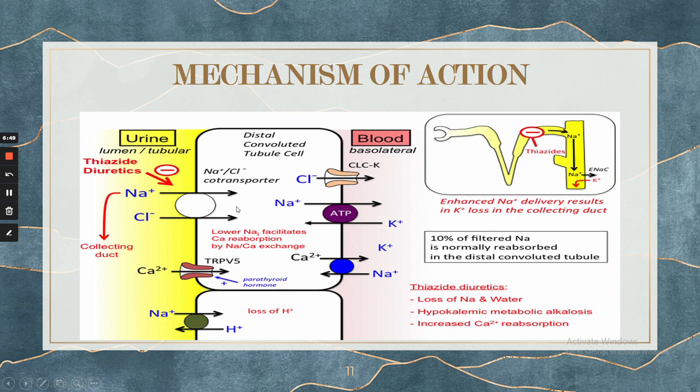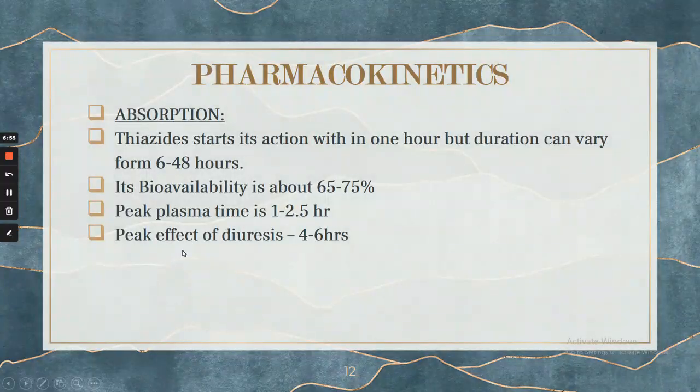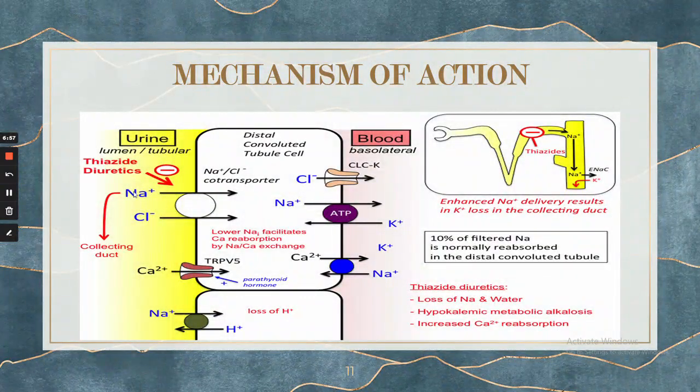Now this sodium which is not reabsorbed at the level of DCT will directly move to the collecting duct. Now this sodium will get exchanged with the potassium, but the problem is that only some amount of sodium will get reabsorbed, like only 2%, and the others will still remain the same.